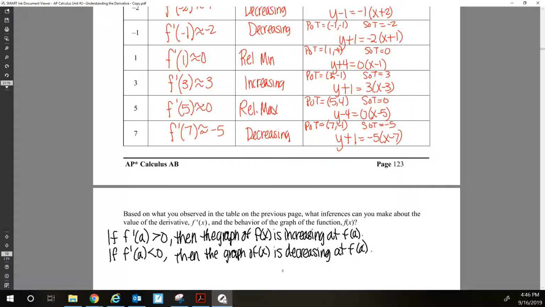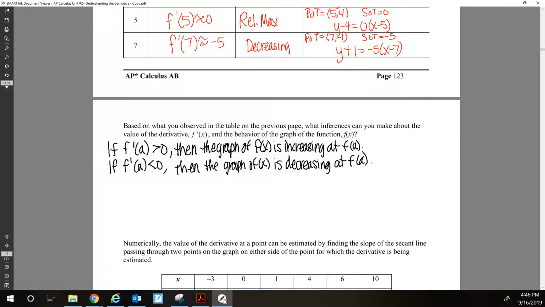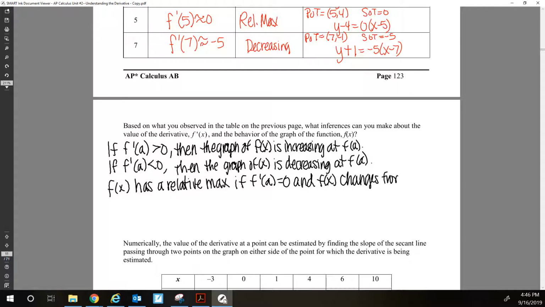So we can say two things about that. f of x has a relative maximum. I'm just going to put max if the derivative at A is equal to 0 and f of x changes from increasing to decreasing.